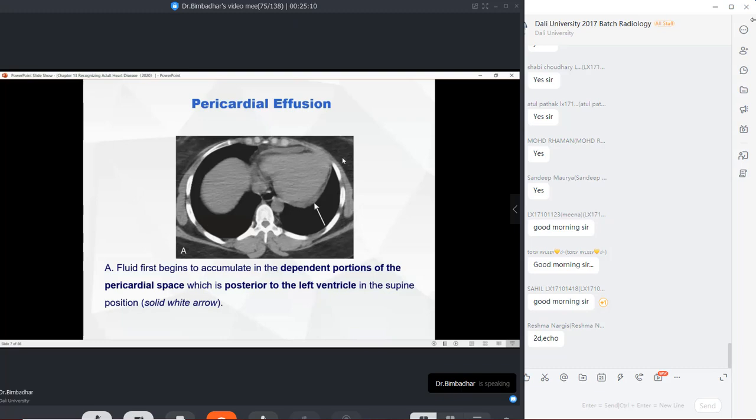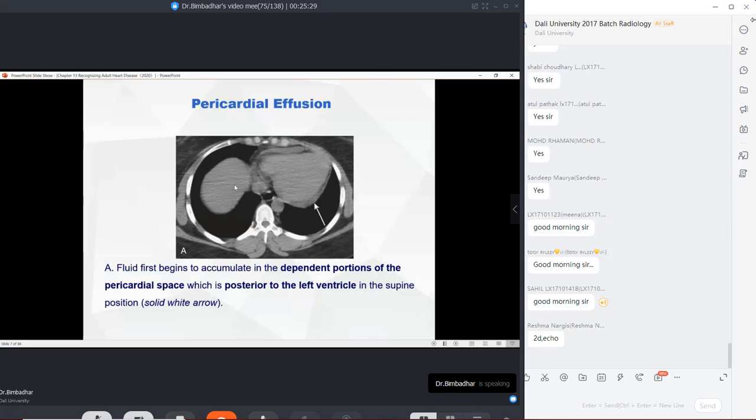So there is a substantial loss of density, measured in Hounsfield units. We also call it hypodense and hyperdense on the CT scan, but we generally call it an attenuated density.